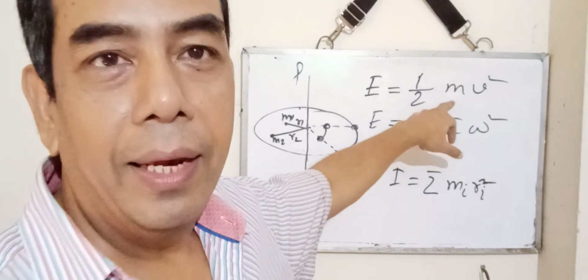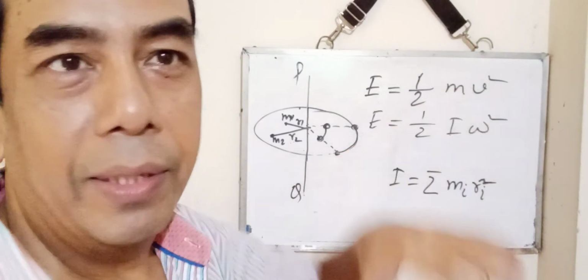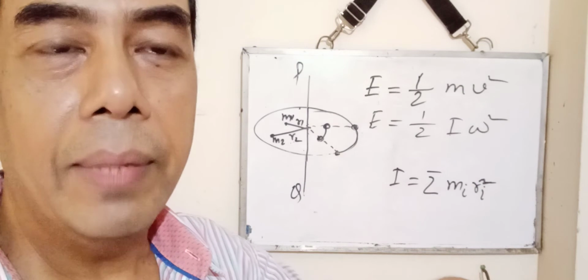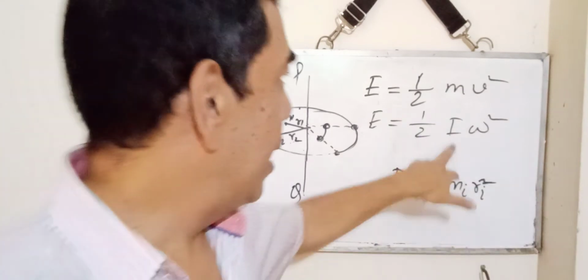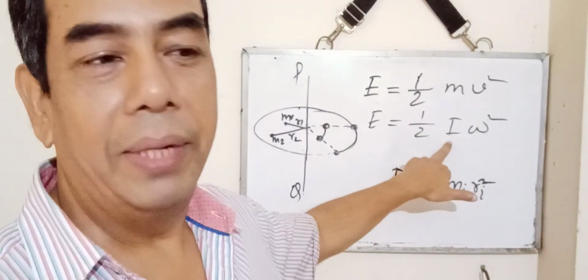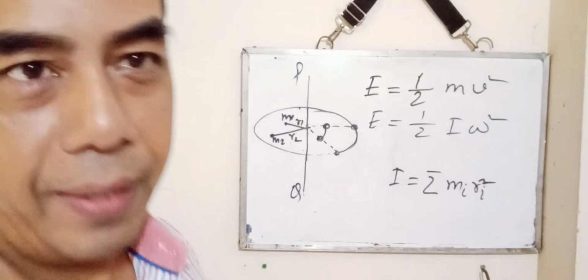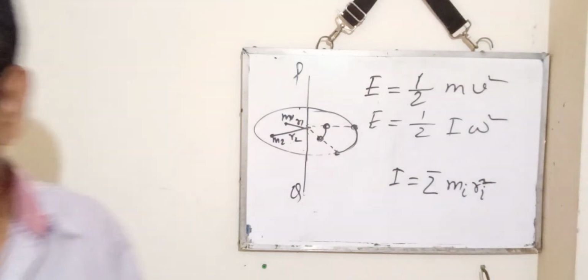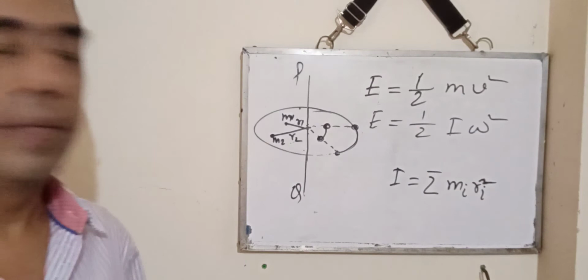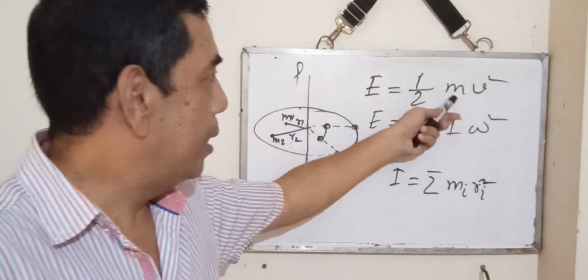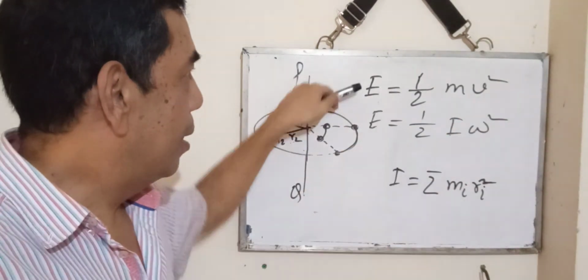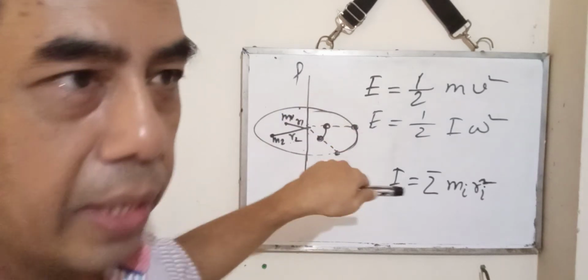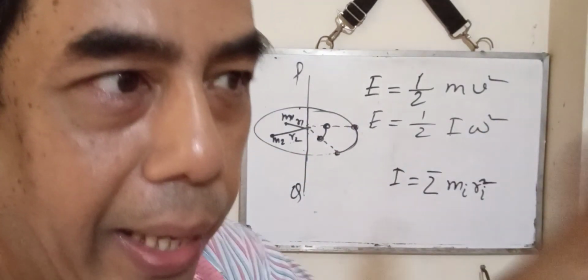M is linear mass, then I should be angular mass. These are very similar equations for linear motion and angular motion.